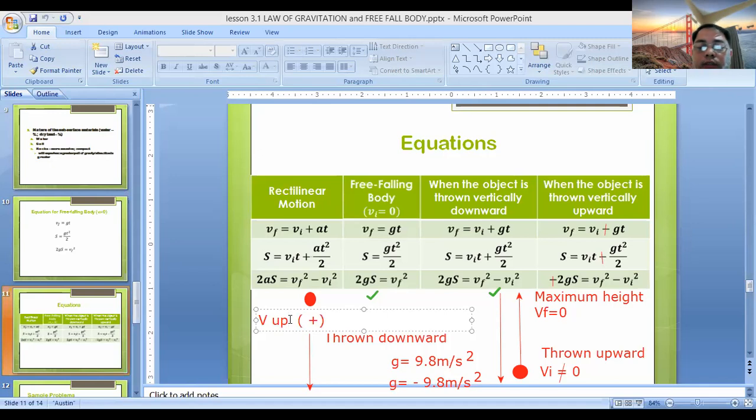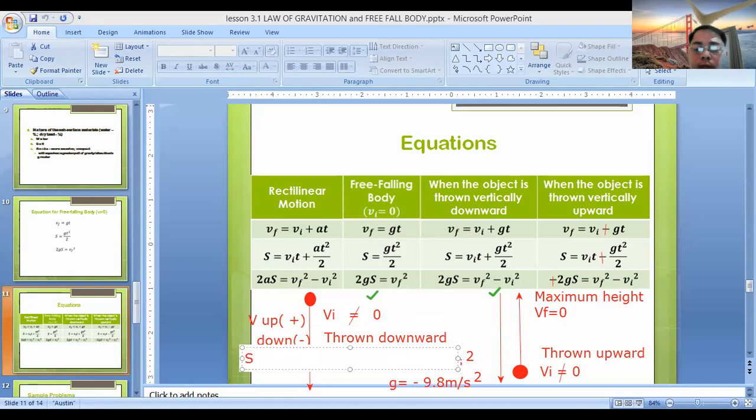So when v is moving upward, we will give it a positive sign. When it's going down, then we will give it a negative value. So for downward motion, give it a minus sign. Now the same is true for s.